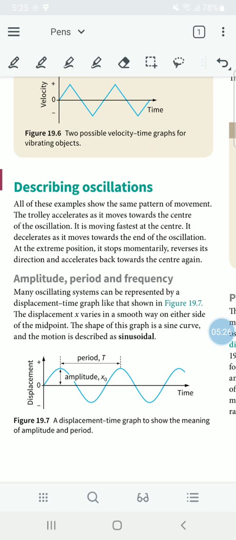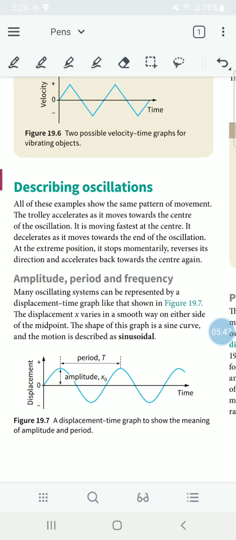Leave a line and write, when illustrated on a displacement time graph, we obtain a sine curve as the graph.